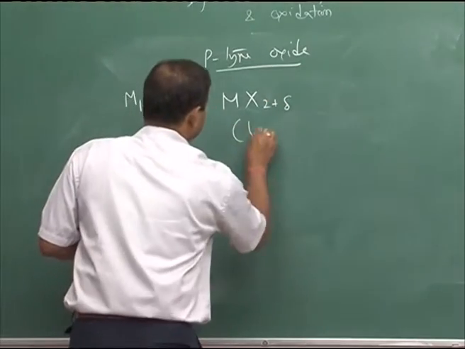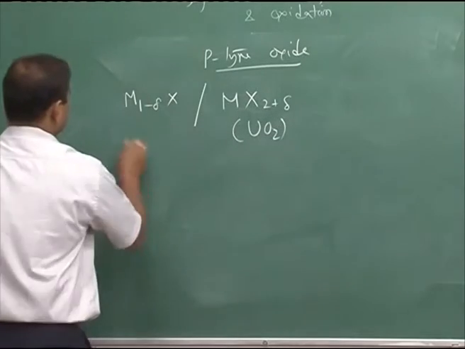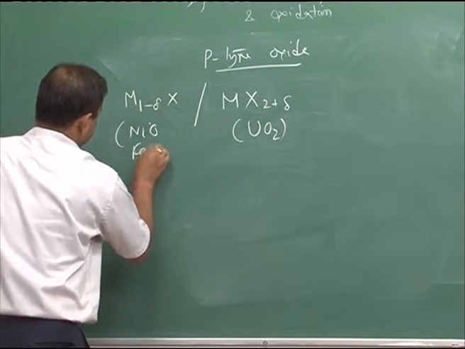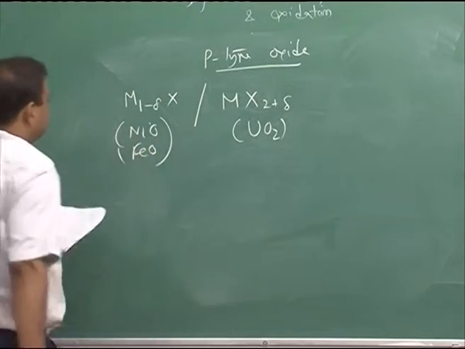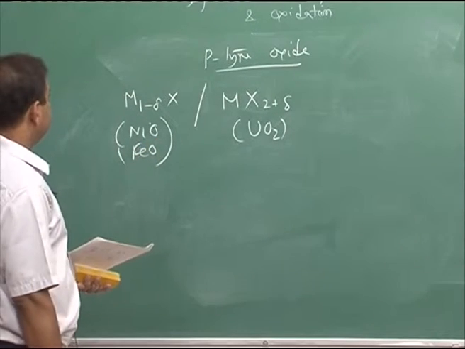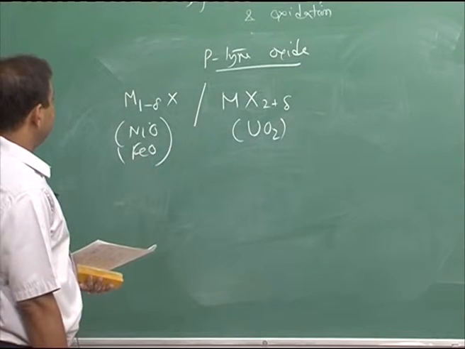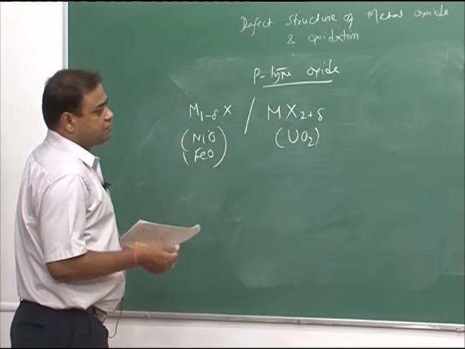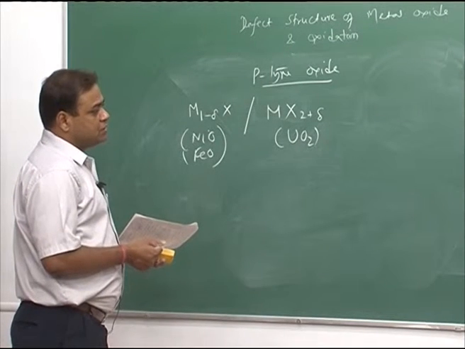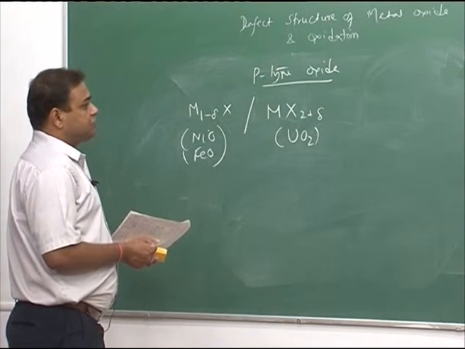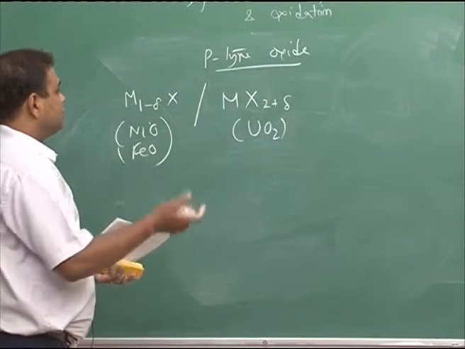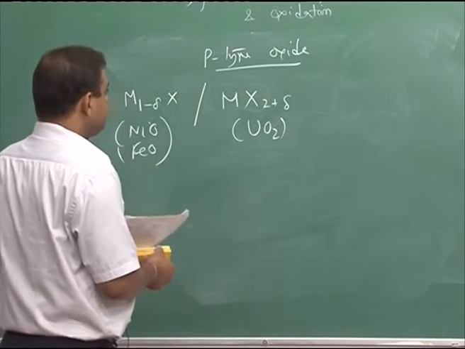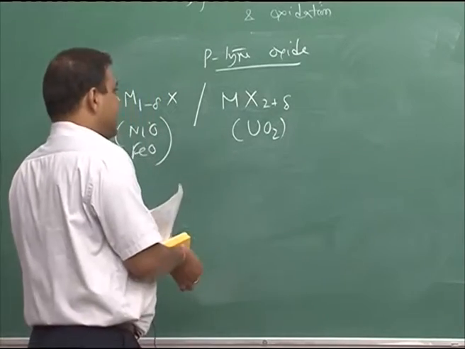One example is uranium oxide, and other examples are NiO and FeO, which are oxides having P type structure. In this case the charge carrier is the hole, the electron hole, and the diffusion happens through the movement of metal ion vacancies. So, how does it happen?